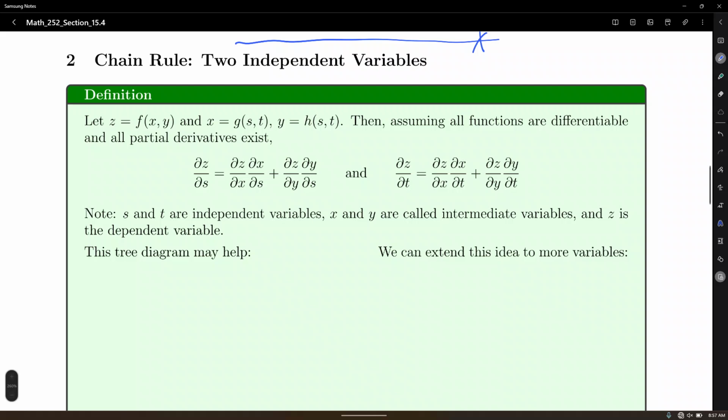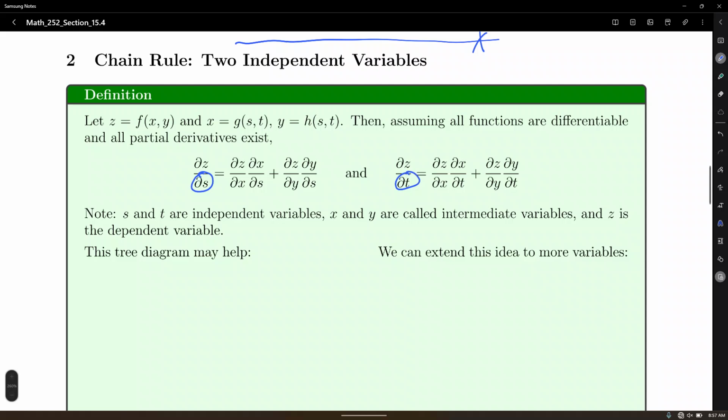And furthermore, each intermediate variable depends not just on one single variable t like we did before, but now they depend on two variables. In this case, that's not just going to be an ordinary derivative, it's going to be partial derivatives, because now we will have the dependent variable change with respect not just to t, but with respect to s and with respect to t.